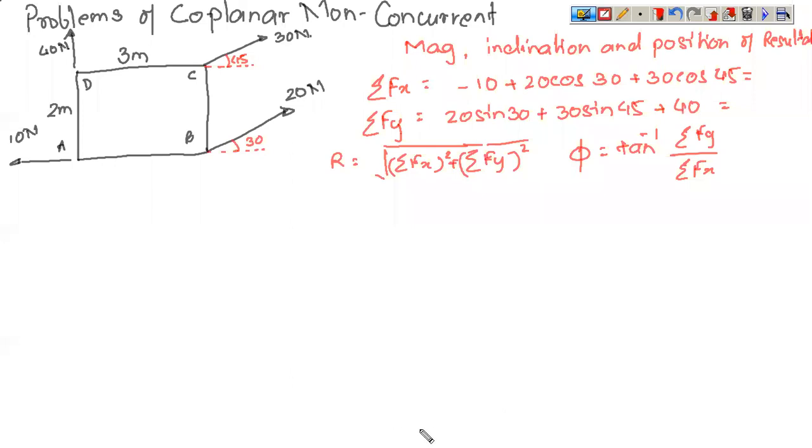Now coming to the third part, that is position. For position, you need to apply Varignon's theorem. If you talk about position, position means distance, and if you talk about distance, the first thing is the reference. What is your reference? The reference is something arbitrary, or you can say it is your own choice.